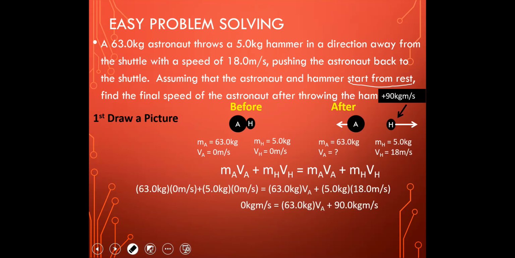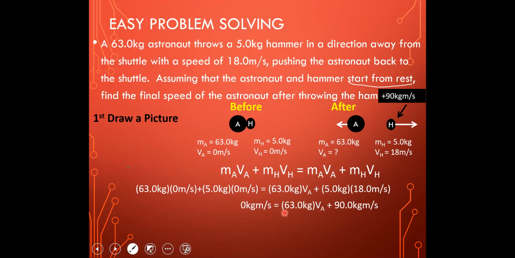Now, the momentum, look at 5 times 18 is 90. So the momentum now of the hammer is 90. And yesterday I told you, since they are conserved, the momentum of the astronaut must also be 90 to cancel them.